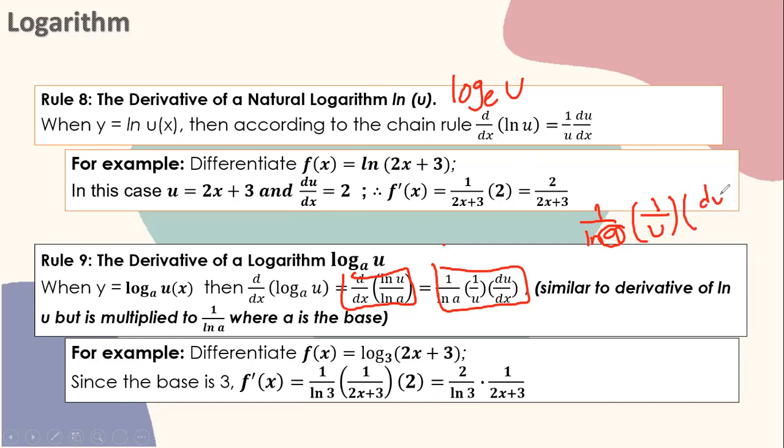And then du over dx. So ang nadagdag lang dito, kung mapapansin natin, ay 1 over ln of a. Tapos para ka nang nagde-derivative ng natural logarithm. Let's find out using the example.